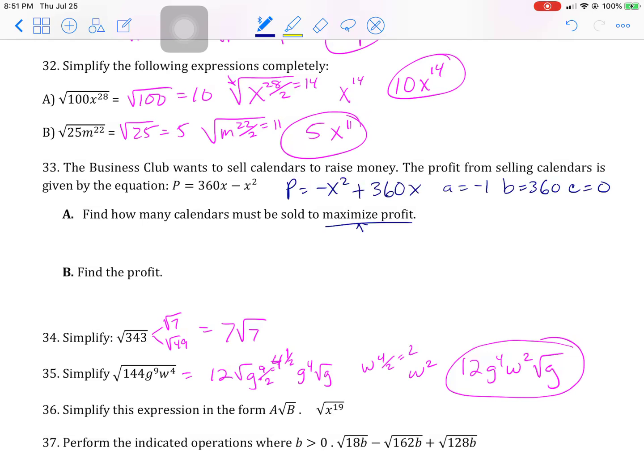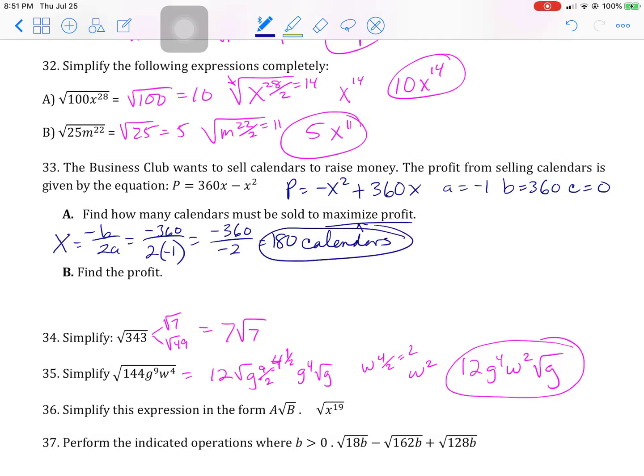Maximize is code for use the vertex formula. x equals negative b over 2a. Vertex formula, negative b. So the b is 360, and the a is a negative 1. 180 calendars must be sold.